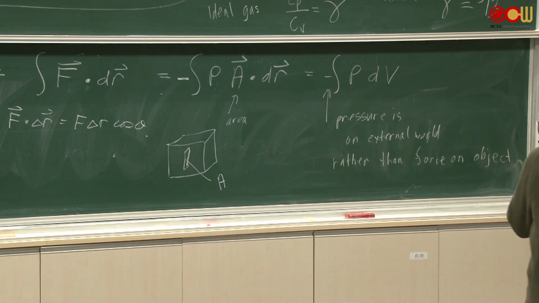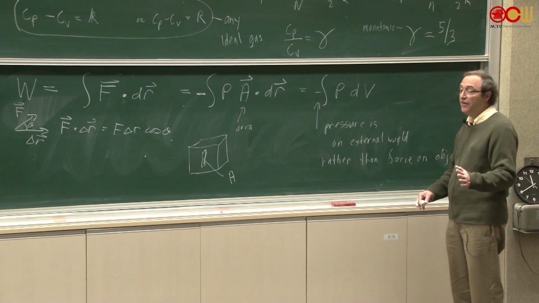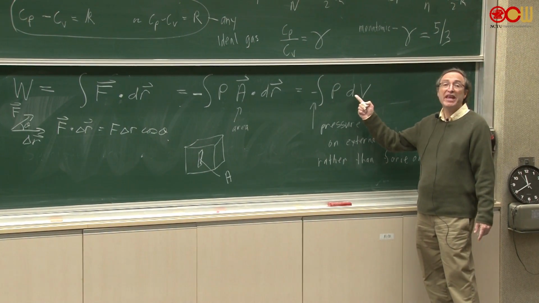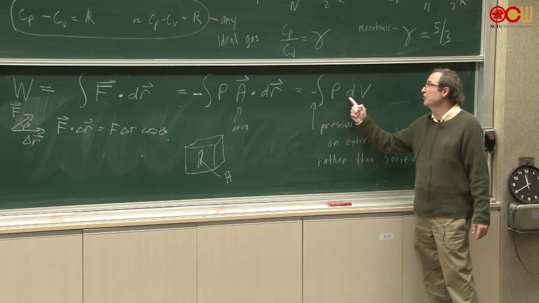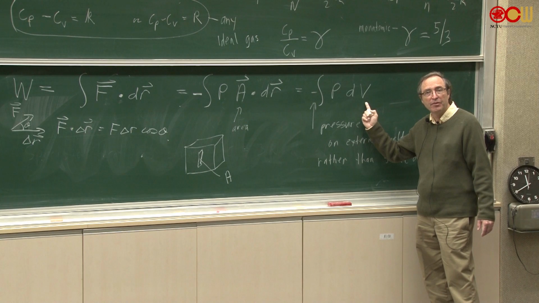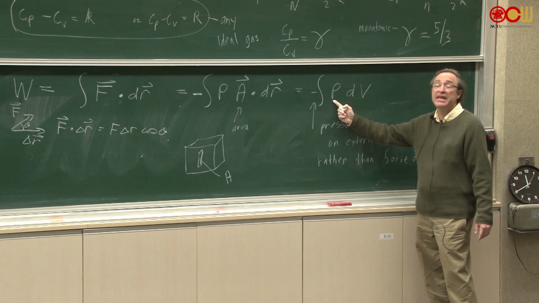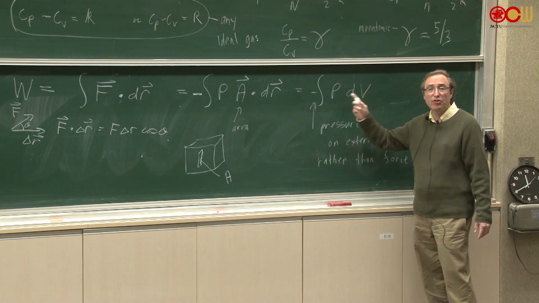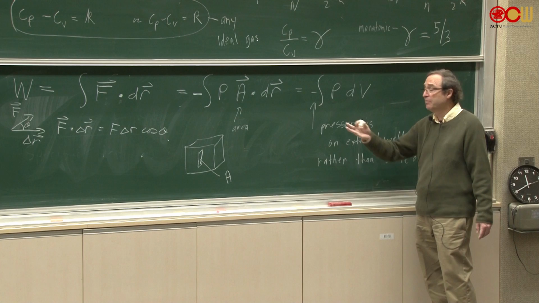All right, now a couple ways of remembering it is the following. If the pressure increases the volume, then dV is positive. P is always positive. The pressure inside is always positive in equilibrium.